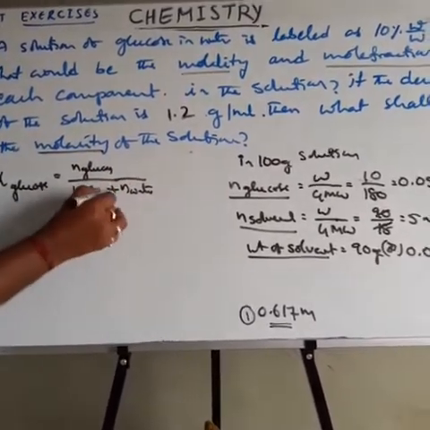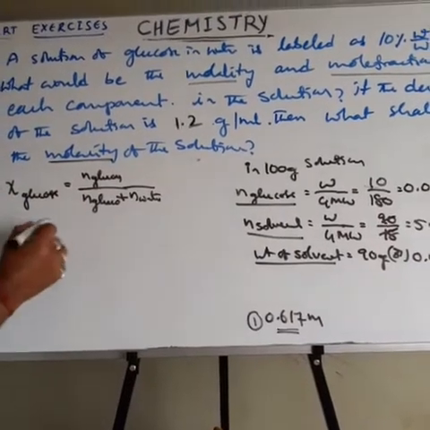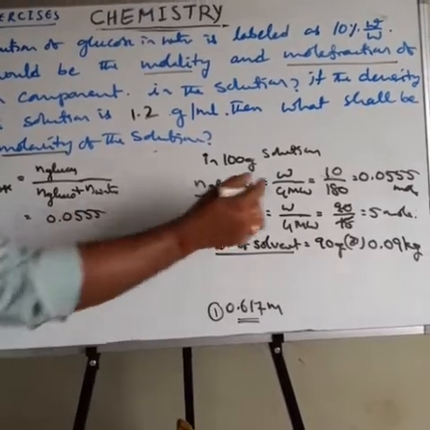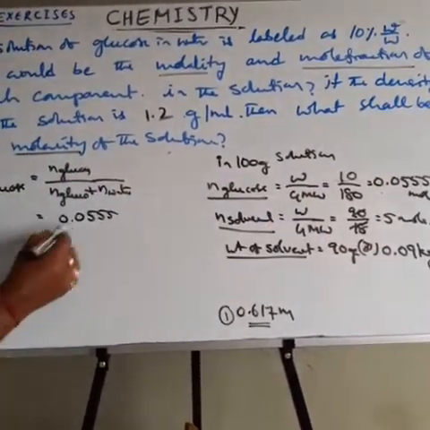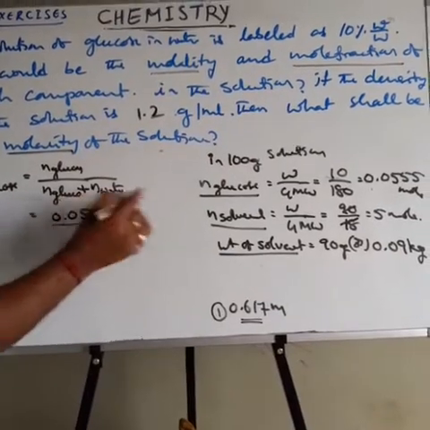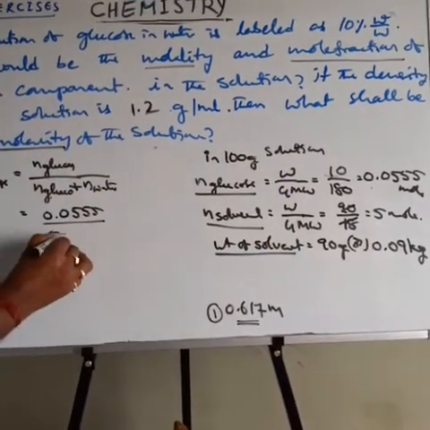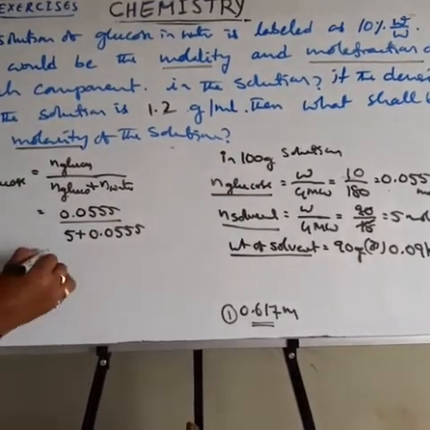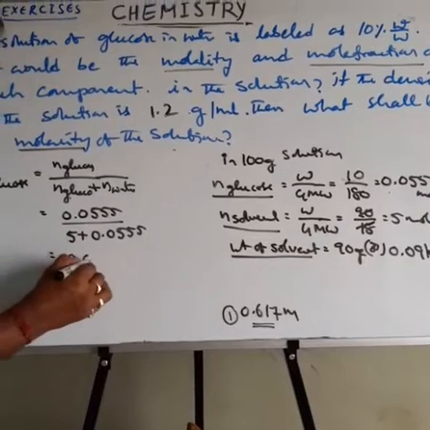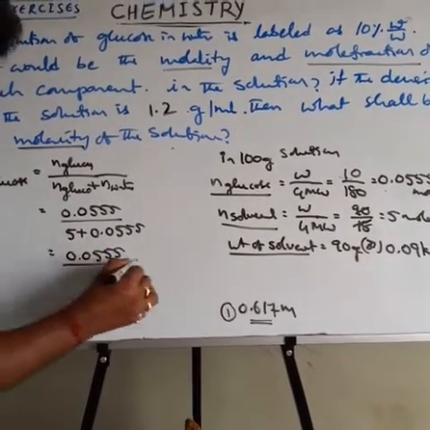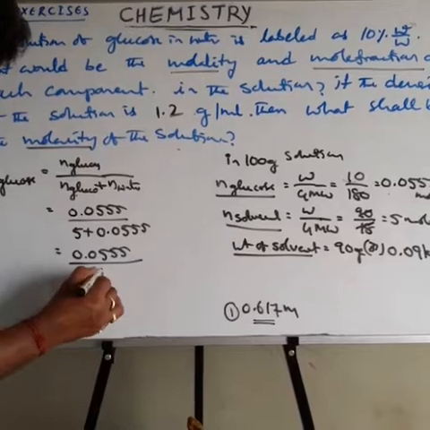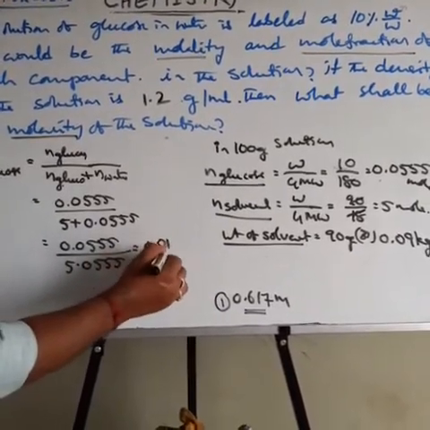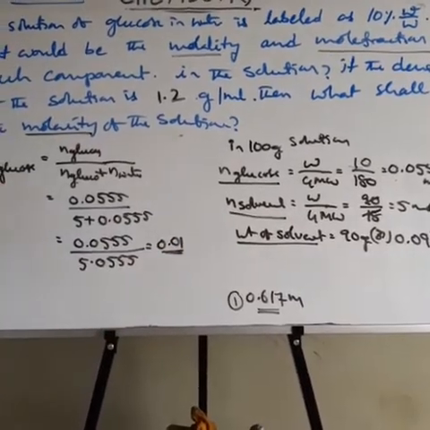Then we get 0.01, the mole fraction of glucose.